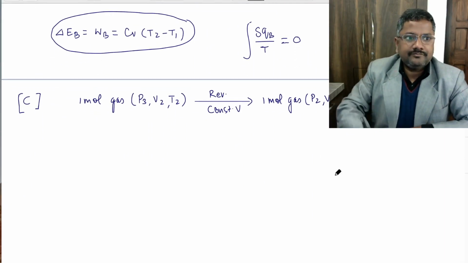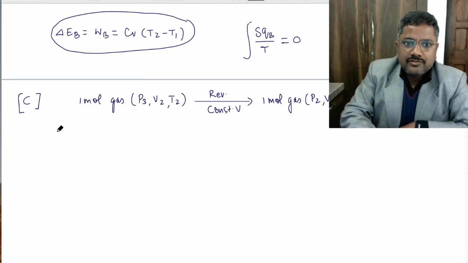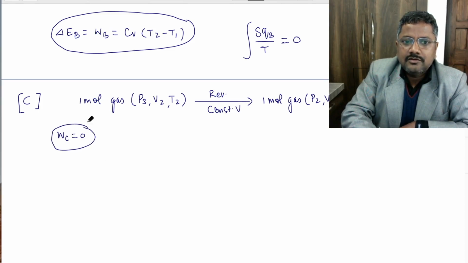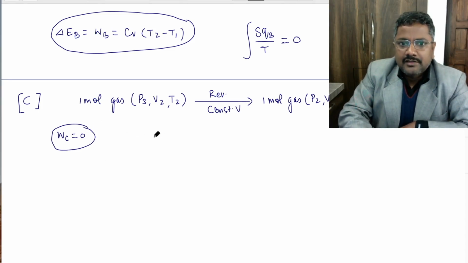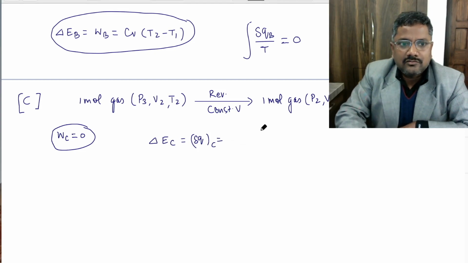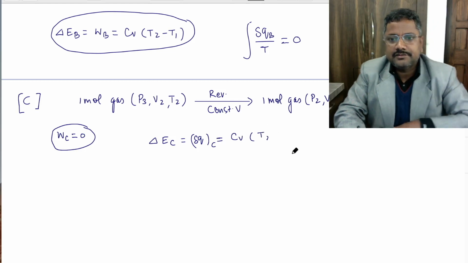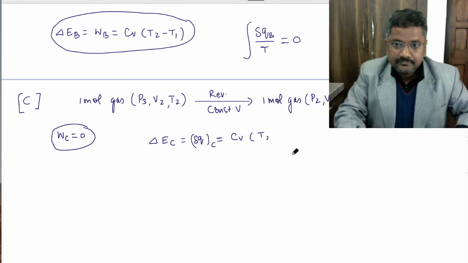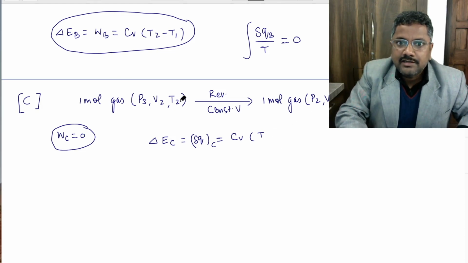Now, constant volume, so WC is equal to 0. So delta EC is equal to delta QC, and this is equal to CV (T2 minus T1). Sorry, T1 minus T2. This minus this: T1 minus T2.